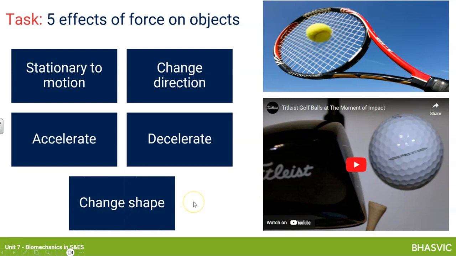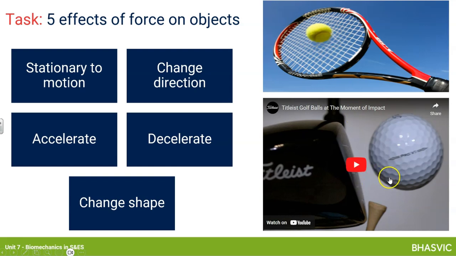And lastly, perhaps one you might not feel is as obvious, is that forces can change the shape of objects. So you can possibly see a little bit there with the tennis ball striking the racket, the strings, I guess, absorbing the force, change shape a little bit.